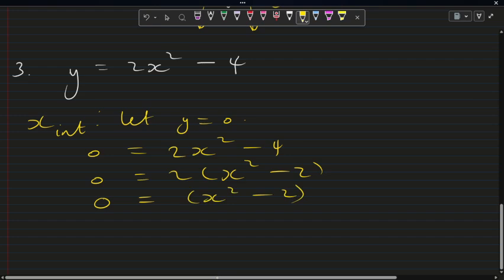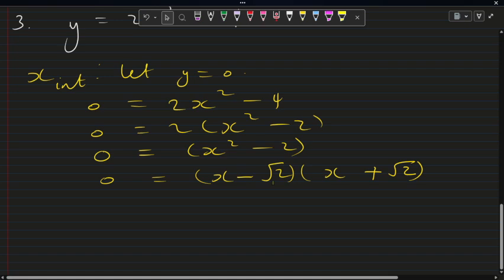Now we can factorize this further. So we see that we will have this kind of situation. It will be a negative and a positive, and then we have x, root 2, and root 2 like that.